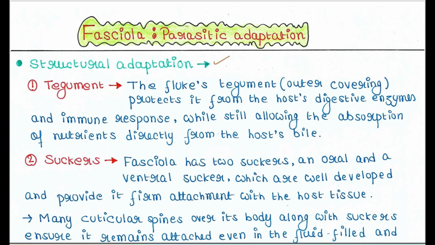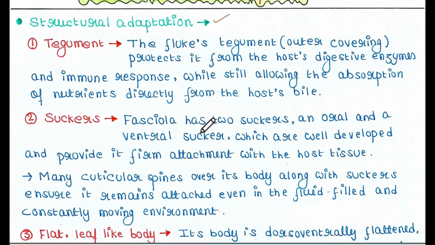First one is structural adaptation. Tegument. The fluke's tegument, that is the outer covering of the parasite, protects it from the host's digestive enzymes and immune response, while still allowing the absorption of nutrients directly from the host's bile.